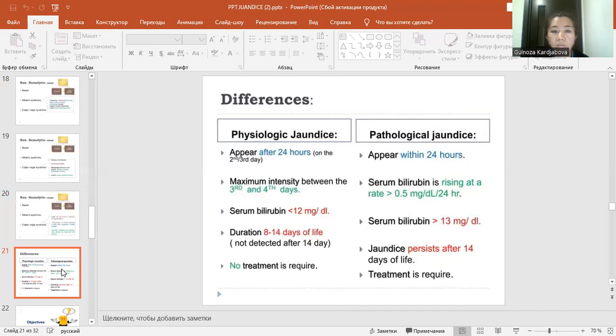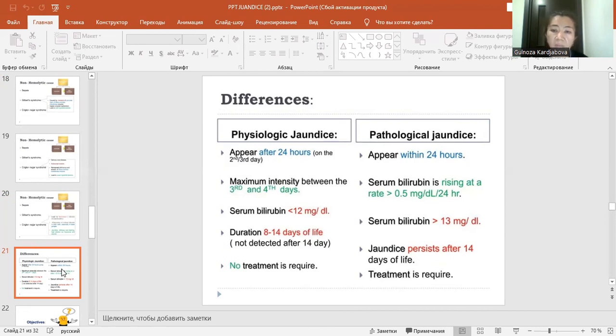So we should differentiate physiologic jaundice from pathologic jaundice. Physiologic jaundice appears after 24 hours, on the second or third day; pathologic appears within 24 hours. The bilirubin level reaches maximum intensity between the third and fourth days in physiologic jaundice.